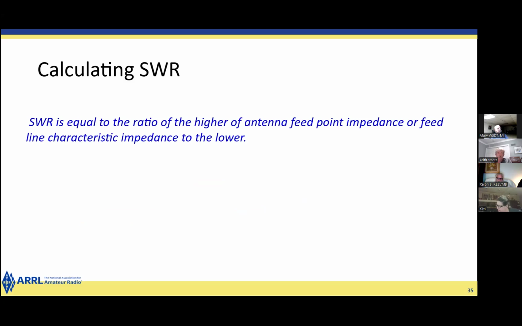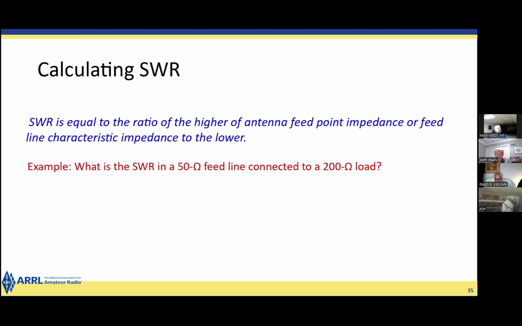So SWR is equal to the ratio of the higher of antenna feed point impedance or feed line characteristic impedance to the lower. Example: what is the SWR in a 50 ohm feed line connected to a 200 ohm load? 200 divided by 50 is 4-to-1. Not a good ratio for a radio.